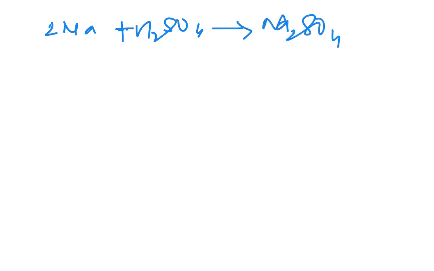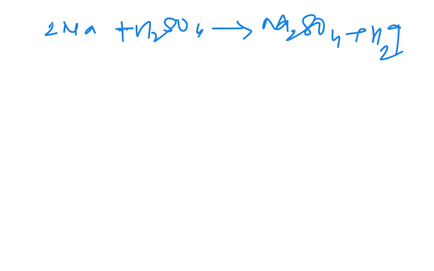Then it acts as an oxidizing agent also. Many reactions are there showing how it acts as the oxidizing agent. It can react with active metals and release hydrogen gas. For example, 2Na plus H2SO4 gives Na2SO4 plus H2.